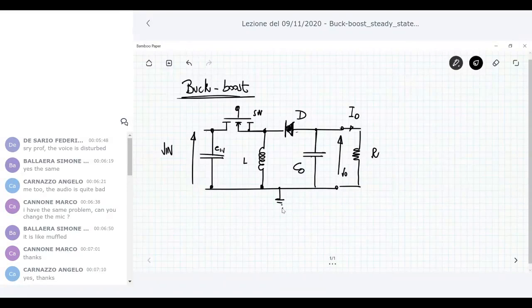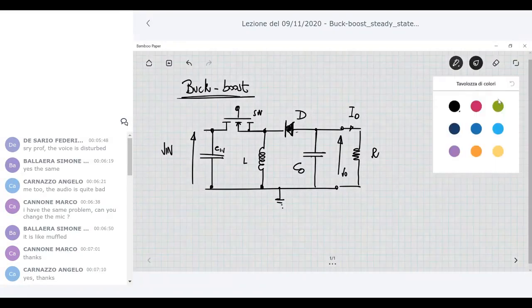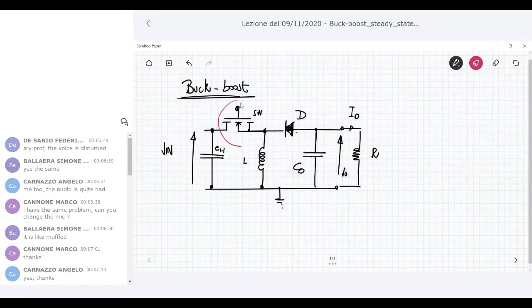There you can see that you have a switch which is connected to Vin. This is exactly what happens in a buck converter, which has the switch in series with the input port.